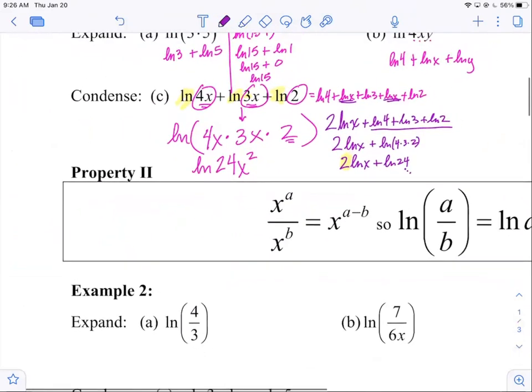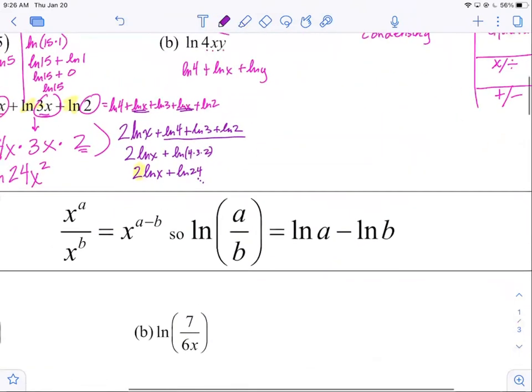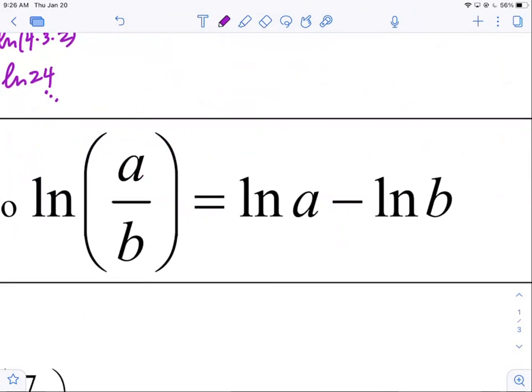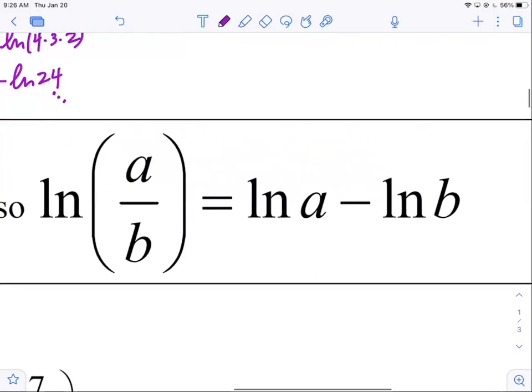All right, let's look at property number 2. It's really the same thing, but it brings in the division, right? Multiplication and division are inverse operations, or really the same thing. Division is multiplying by the inverse. So if I have the natural log of A divided by B, I can expand it and give each factor, one in the top, one in the bottom, their own log. But now it's subtraction.